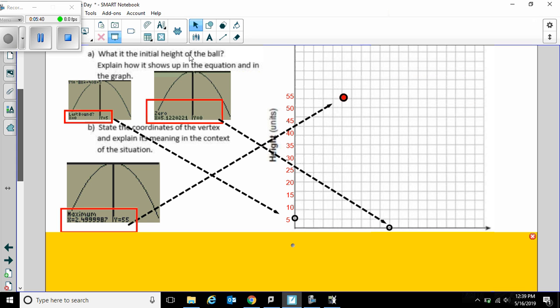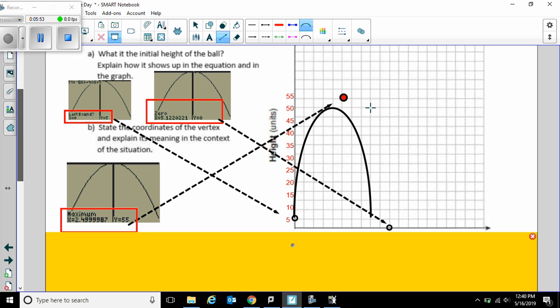And so now I got my 3 points, 1, 2, 3. I can make a nice little connect the dots kind of thing, and it may look something like this.